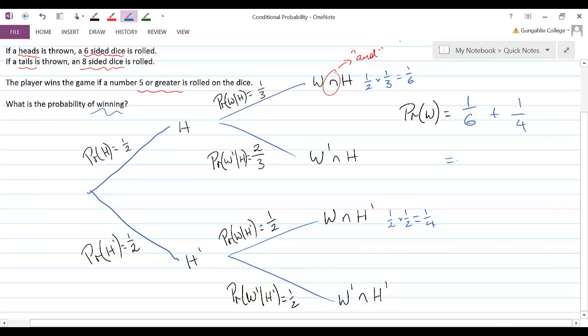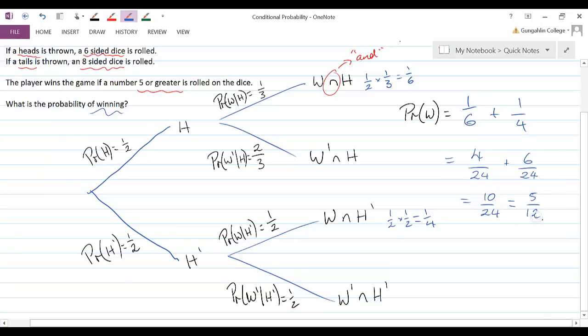I don't have a calculator handy, but it's good to be able to do this in our heads. So I need to get a common denominator here. So it's going to be 4 on 24 plus 6 on 24, 10 on 24, which is 5/12.